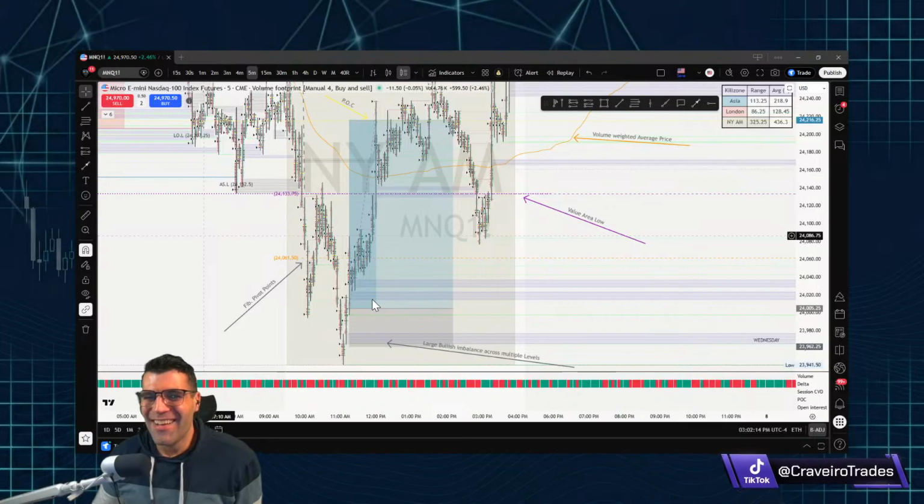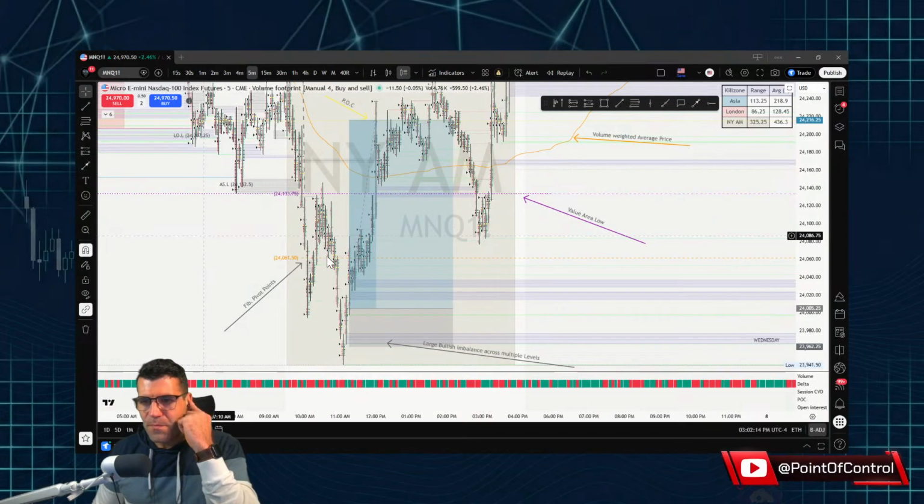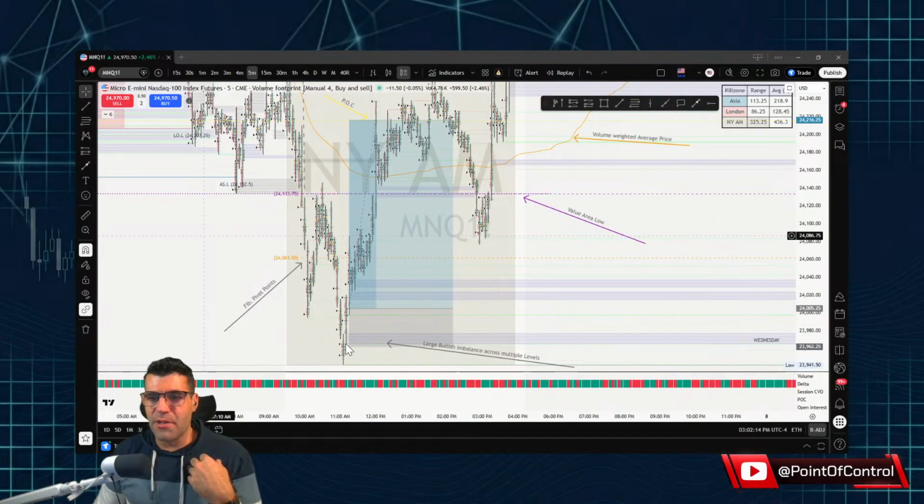I'll stop. So price dunks down, takes out this low. Anybody that participated in this trade prematurely did not hit their TP, they got stopped, if they were taking longs here. So now I would have noticed, what do we have here? There's definitely a CVD divergence.